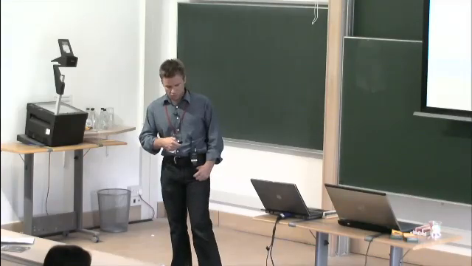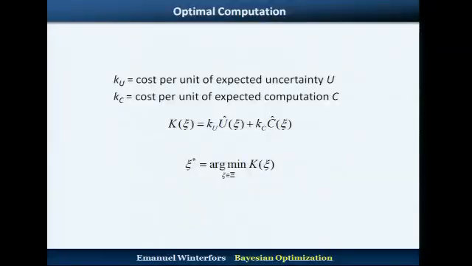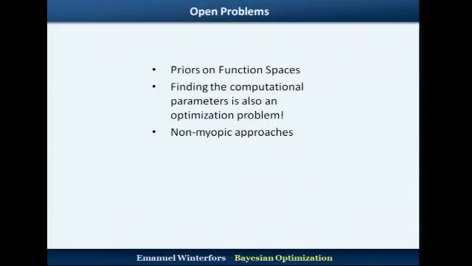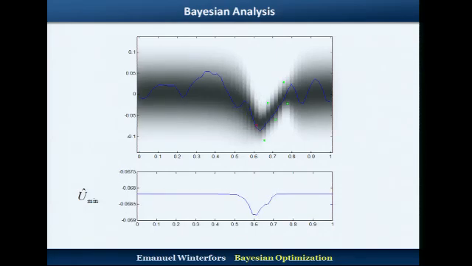And also in this case, I've just looked at the expected uncertainty reduction for doing the next observation. But of course, what we're really interested in is to minimize the uncertainty at the end of the computation. So ideally, you would need to look not only at the next approximation, but a whole sequence of future ones, which gets tricky because they all depend on the design or the place you chose to evaluate the previous ones.